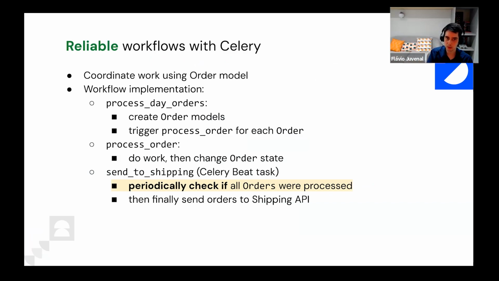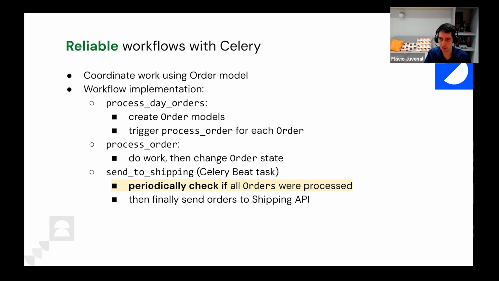Then process order actually does the work to change the order state. And then after process order is done, we have to run send to shipping, right? But how will send to shipping know that process order is really done? How is that possible? In the end, the only thing we could do is have send to shipping run continuously, right?